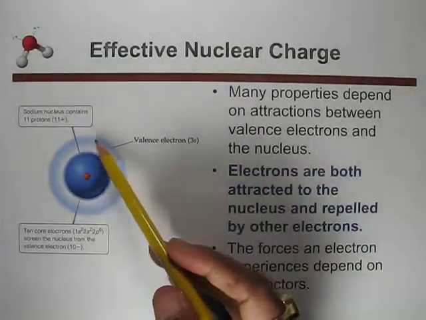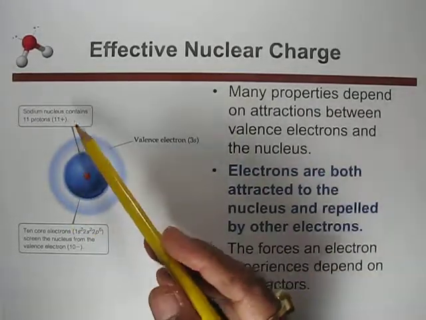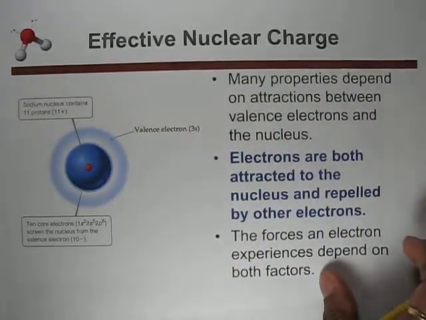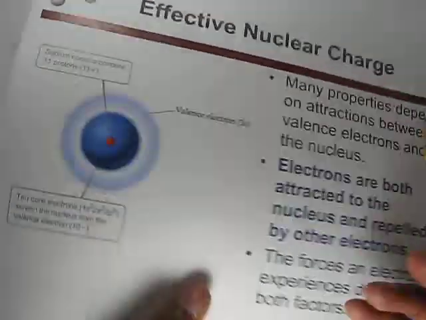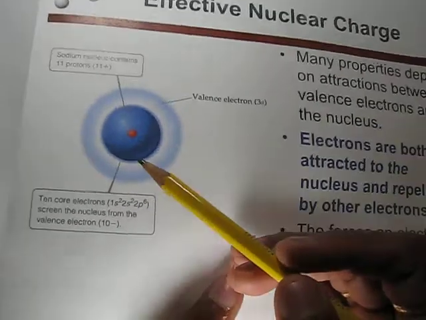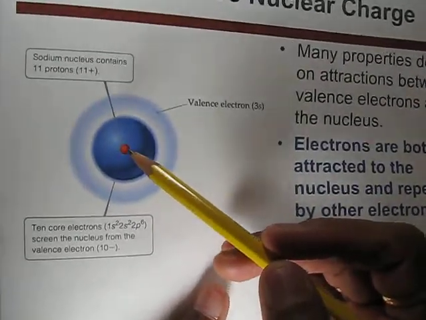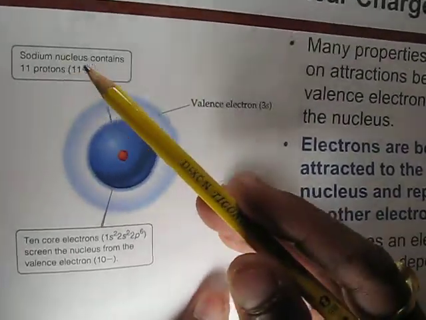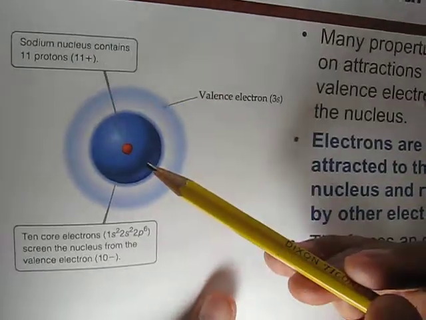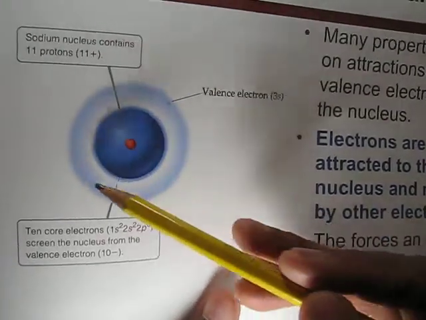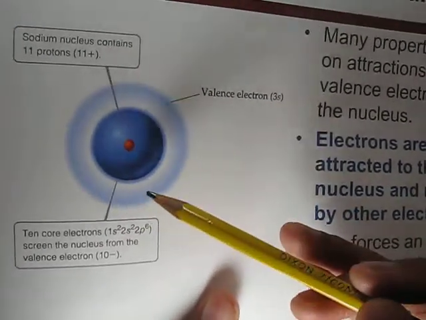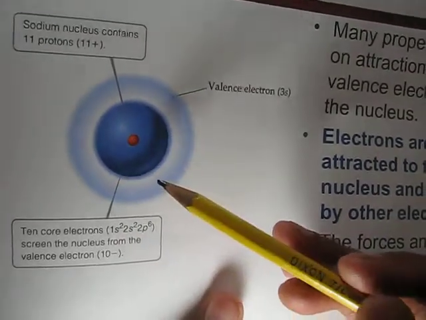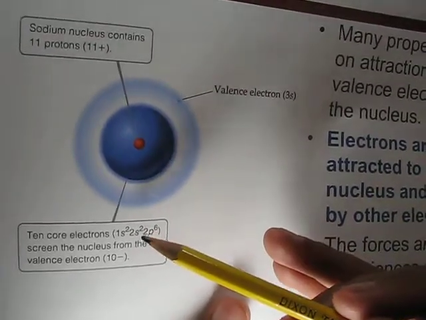You can see this picture is shown for the sodium element, with sodium in the center. The red dot is shown as a nucleus which has 11 protons, and outside, this light blue cloud is for the electrons, and it has 11 electrons.